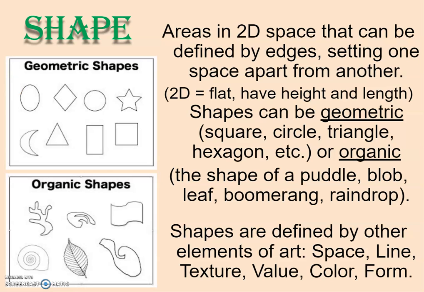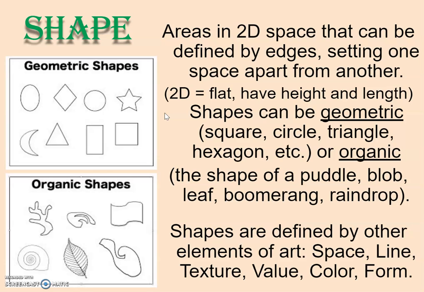All right. If we take lines and we put them together, we can create shapes. A shape is an area in 2D space that can be defined by edges, setting one space apart from another. 2D means flat. It has height and it has length.